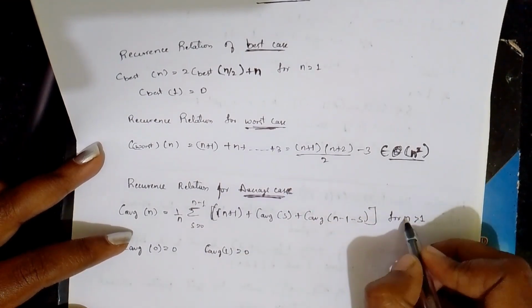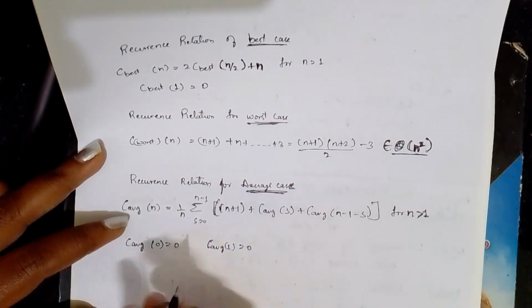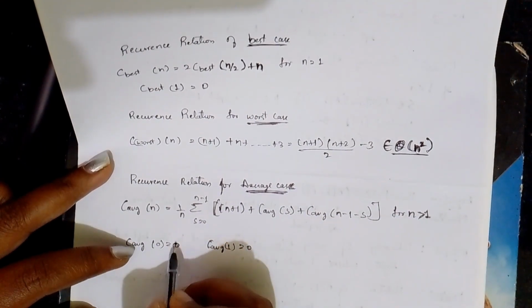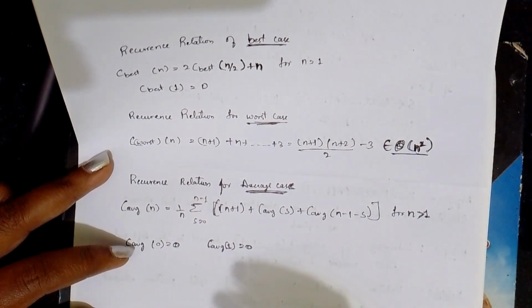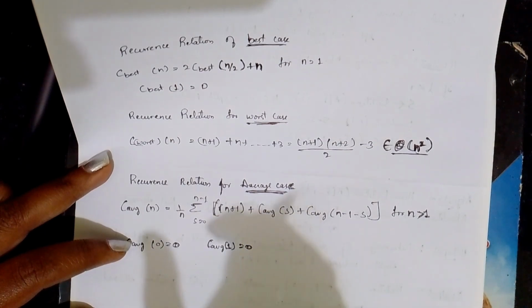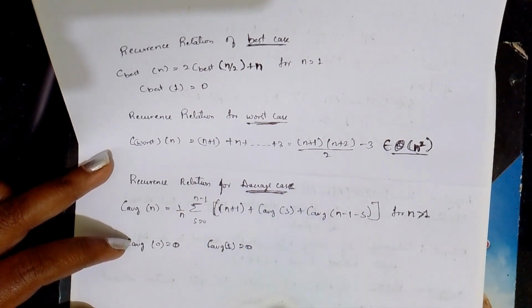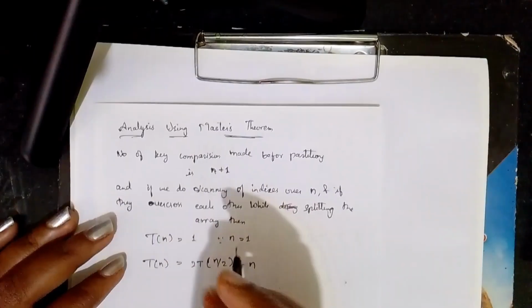This is only for when n is greater than 1. If n is equal to 0 then we will get 0, and if n is equal to 1 then also we will get 0. Now let us do the analysis using the Master's theorem.